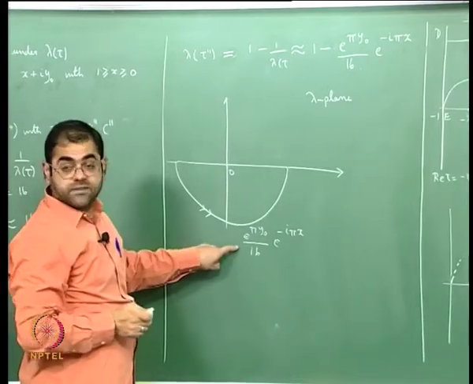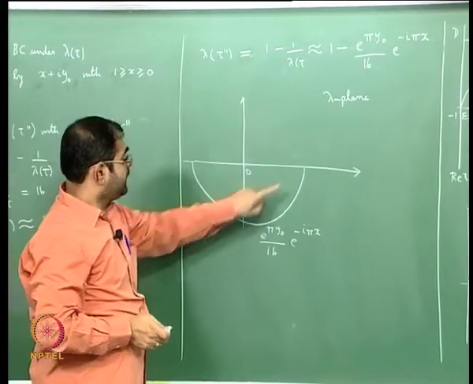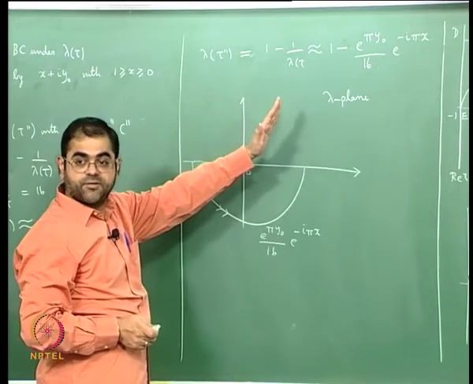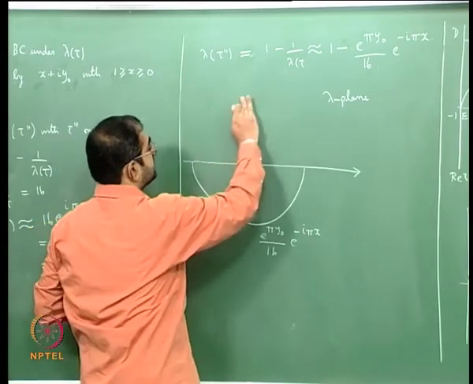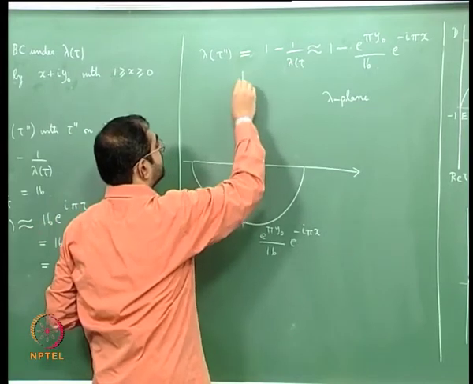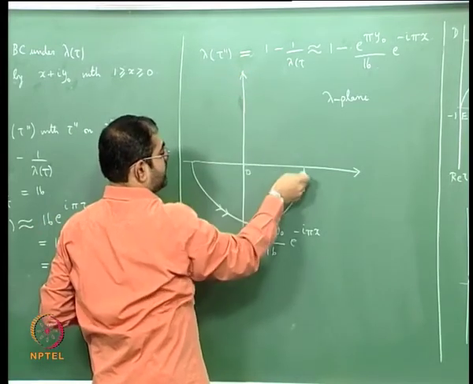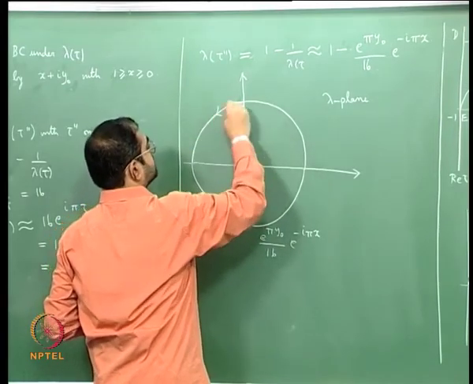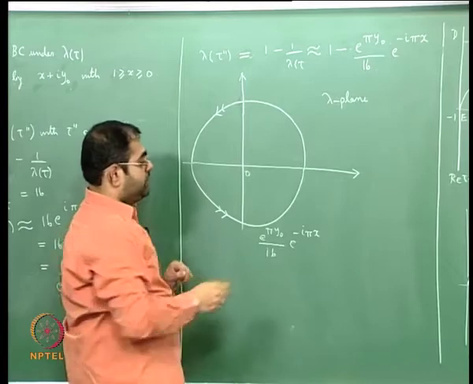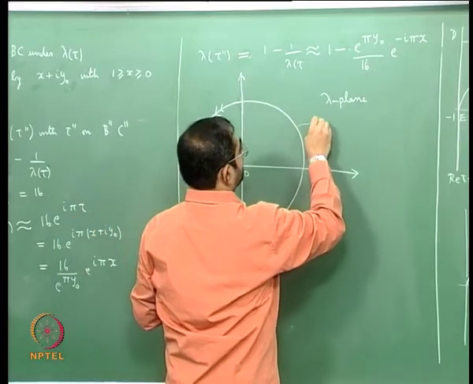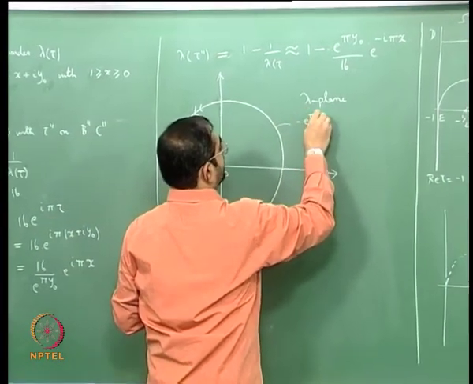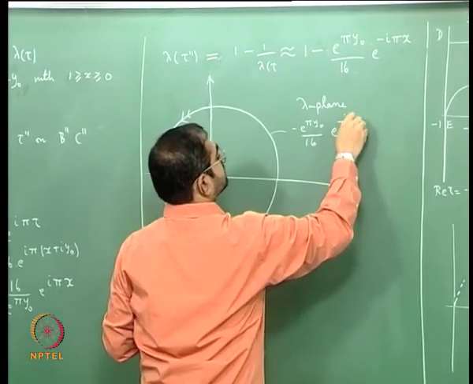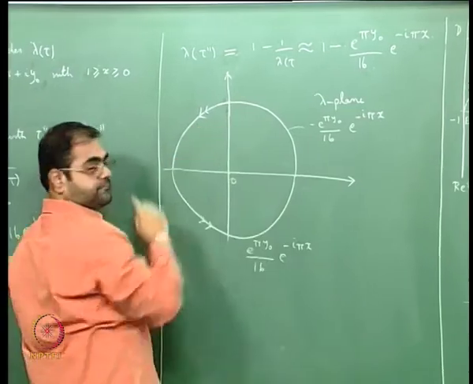Now if I take minus of that, I will get this circle, which is just a reflection about the origin, z going to minus z. So I will get a circle like this, minus e power pi y naught by 16 e power minus i pi x, so I get this semicircle.